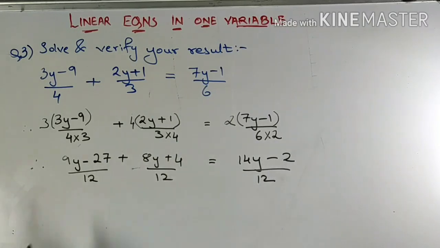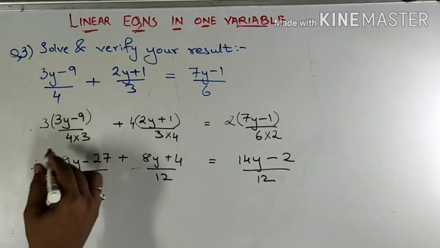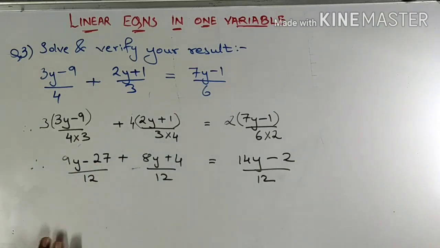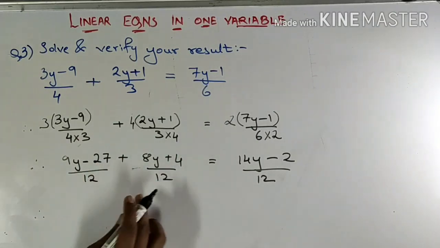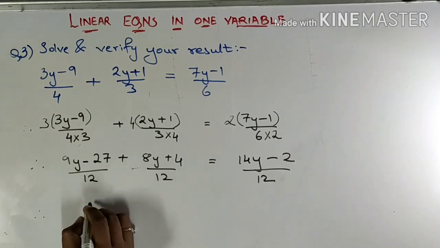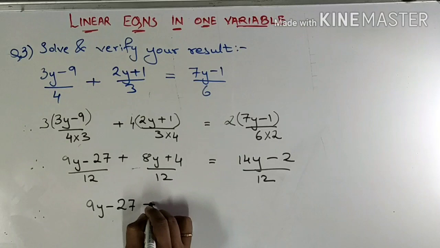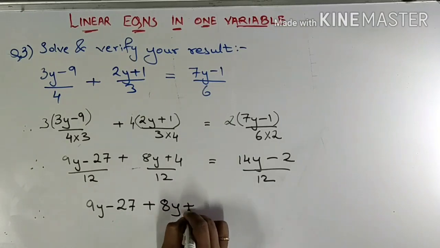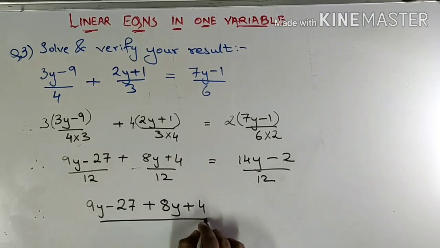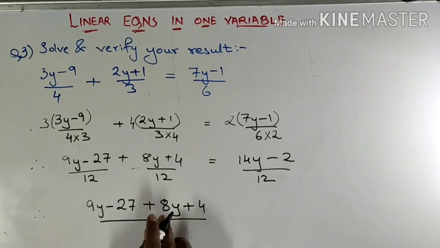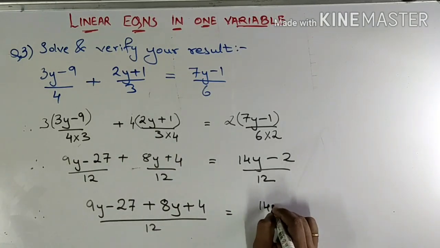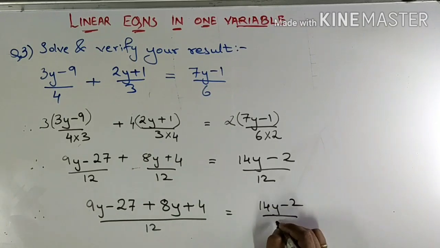Now since the denominators are same, I can now operate with these two fractions together. Therefore I can bring both the denominators and merge it to one, that is (9y minus 27 plus 8y plus 4) divided by, since the denominators are same, I add both the numerators now, and (14y minus 2) upon 12.